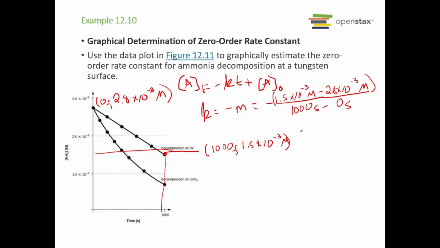So this gives us 1.3 times 10 to the negative 6 molar inverse seconds. Boom, now we found k. I know zero orders are so nice, aren't they?